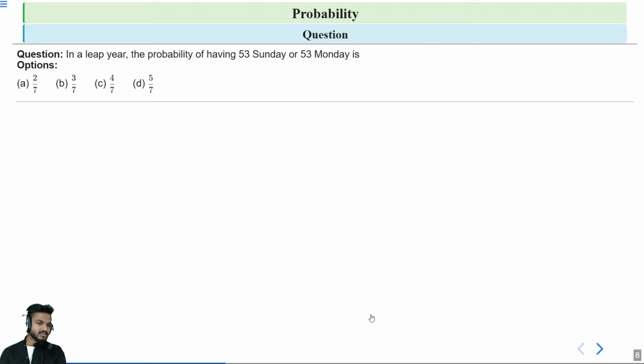First think: what is the number of weeks in a leap year or in any year?